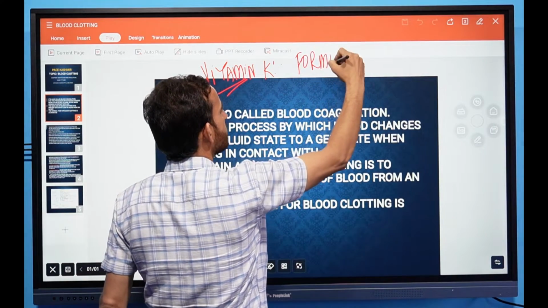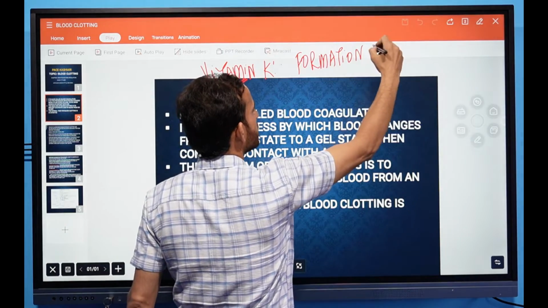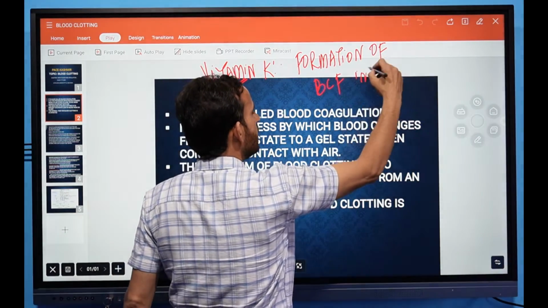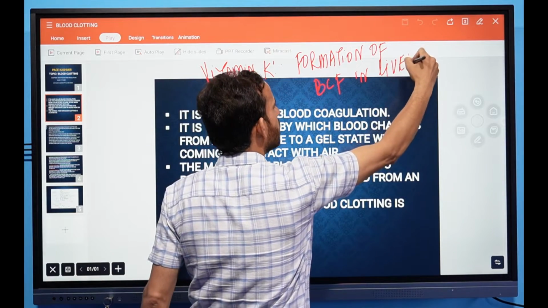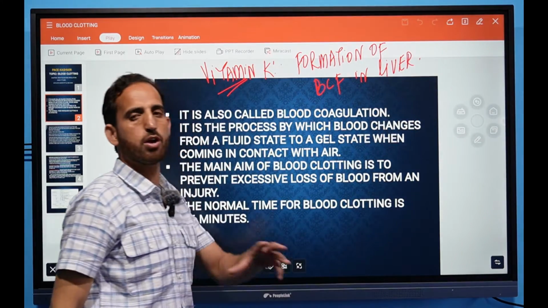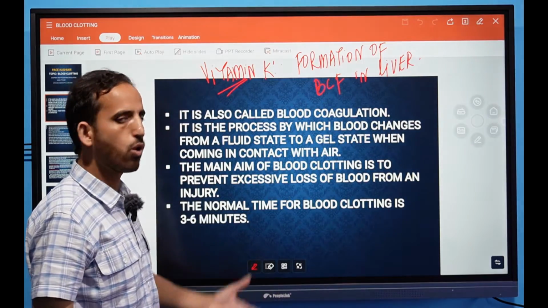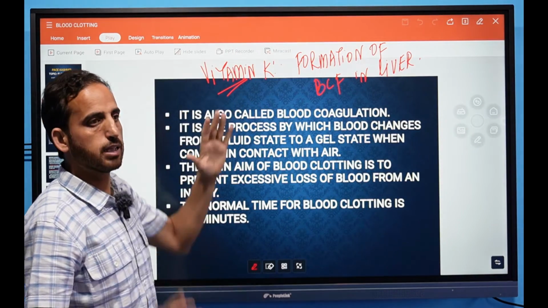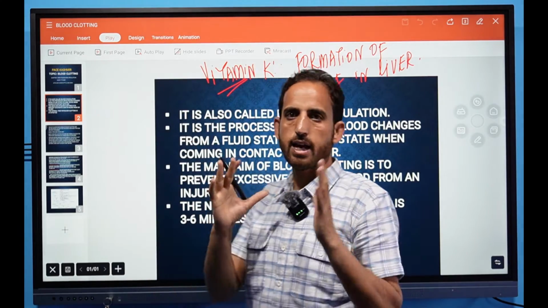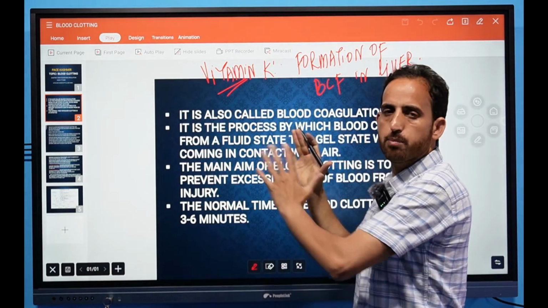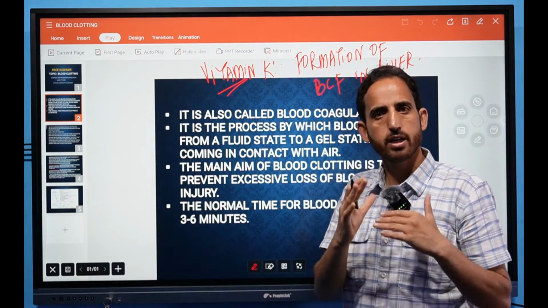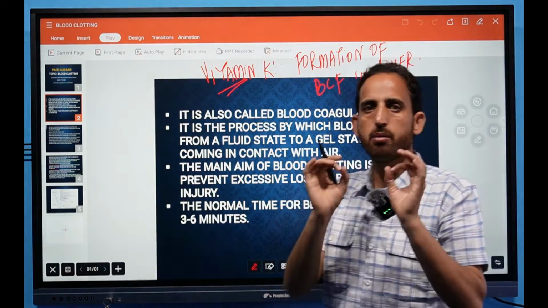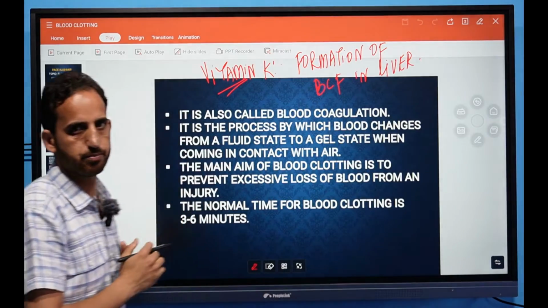It is a vitamin that helps us in the formation of blood clotting factors in the liver. So the role of vitamin K in blood clotting is that it helps us in the synthesis of, or the formation of, blood clotting factors.